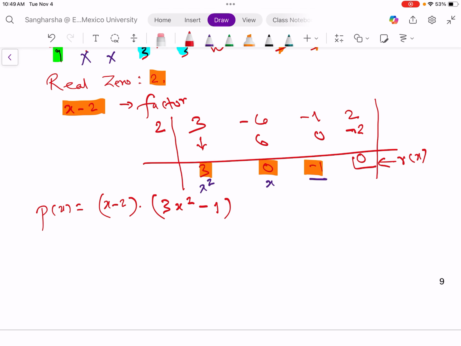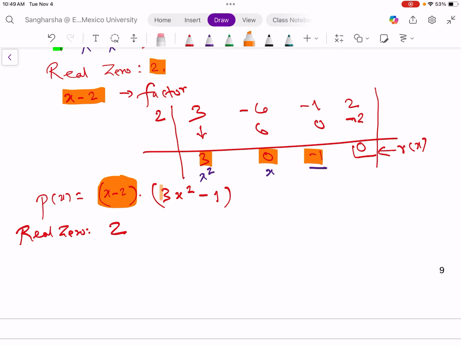Now for what x value is this factor 0? x minus 2 is 0 at x equals 2, so that is a real zero. Now for what x value is this expression 0? How do we find it? You write down that factor 3x squared minus 1, set it equal to 0, and find the value of x.